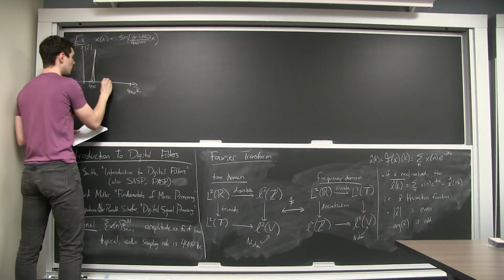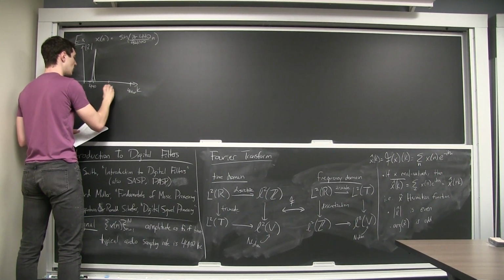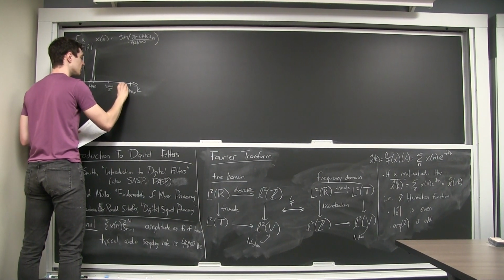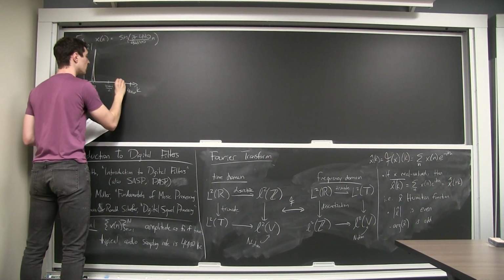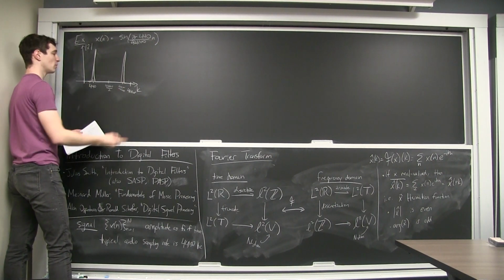But also, if we keep going along, on the other side of the halfway point here, here's 44,100 hertz minus 440, we get, this is 0 all along here, and then we get another spike here. And we're periodic on this domain.